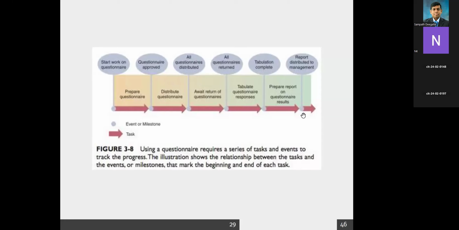In the graphical representation, you start with events like questionnaire approved, and then tasks like prepare questionnaires, going from one event to the other. So it will clearly show you how we can use a questionnaire, and you use a series of tasks and events to track the progress.